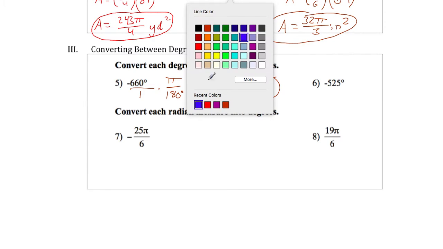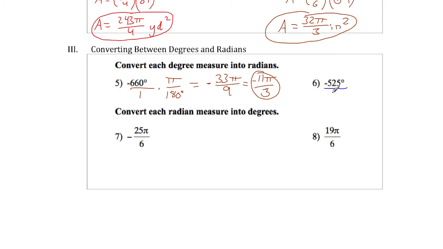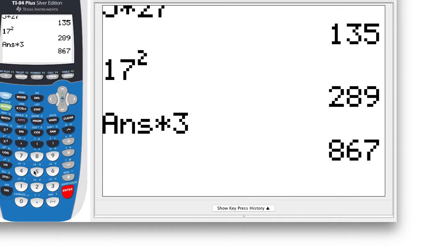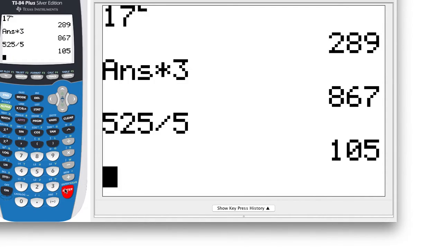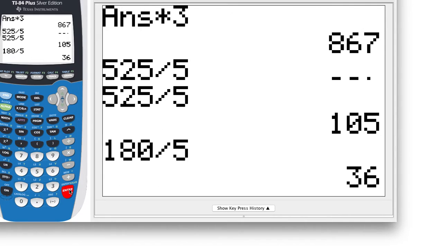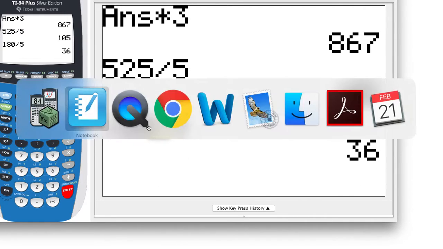Next up, and we have negative 525. And again, we multiply this by pi over 180 degrees. And so pi over 180 degrees, 525 divided by 180. Well, 525 definitely has a factor of 5. Oh, and that's 105. 180 divided by 5 is 36.